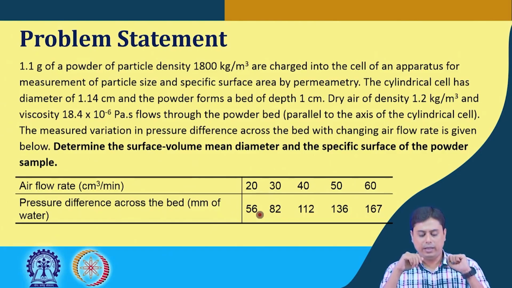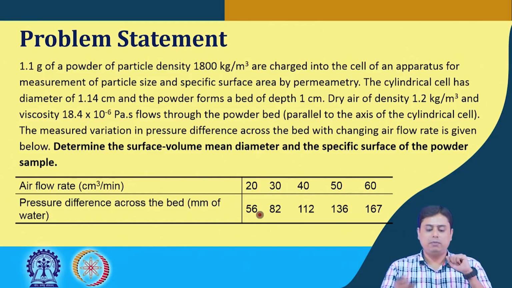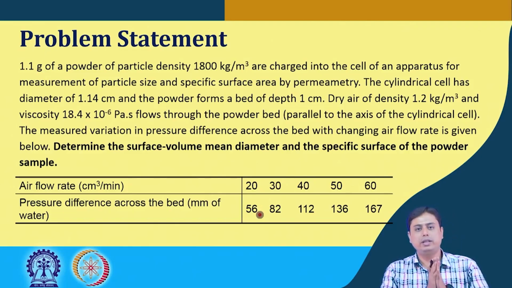Now here you can find an analogy of this problem with the packed bed, because this permeametry method essentially comes from that concept, which is the Kozeny-Carman equation, typically valid for flow through a packed bed at a very low flow rate.